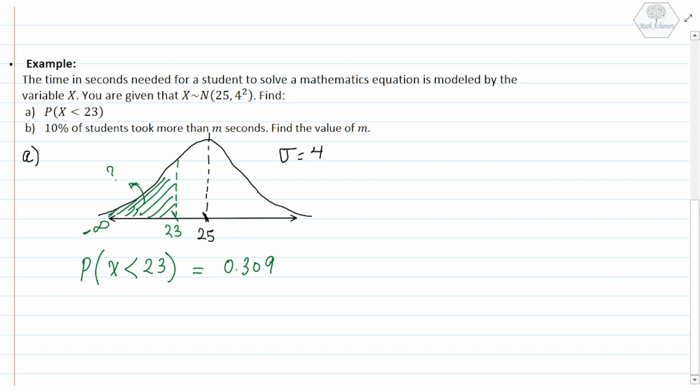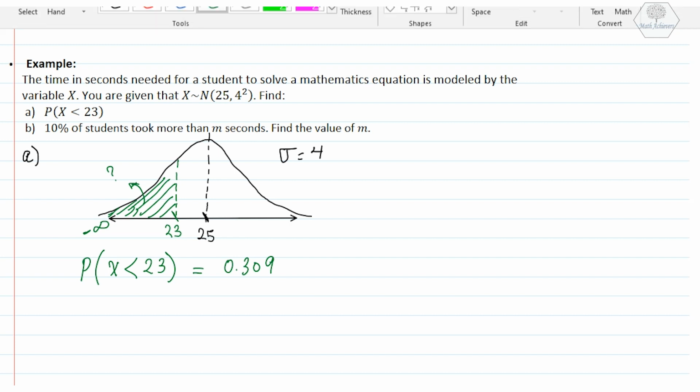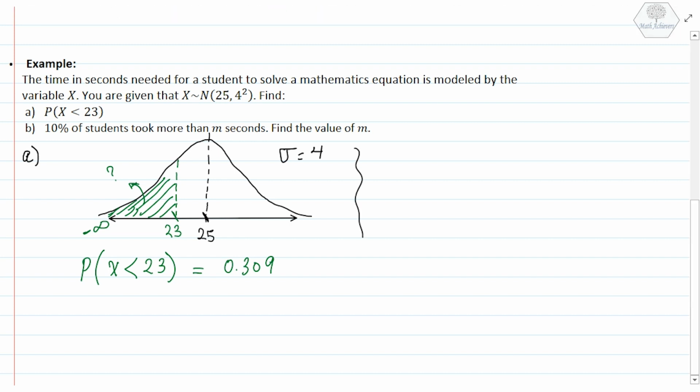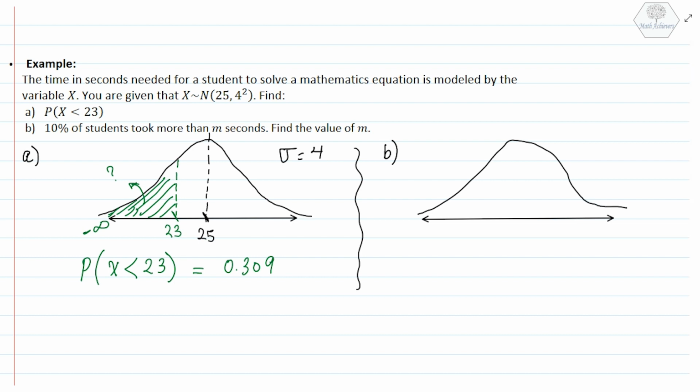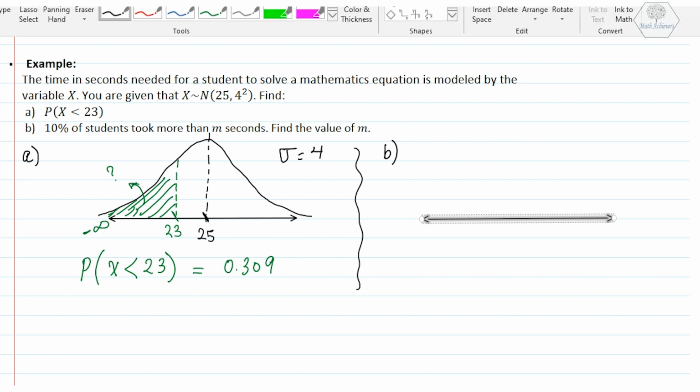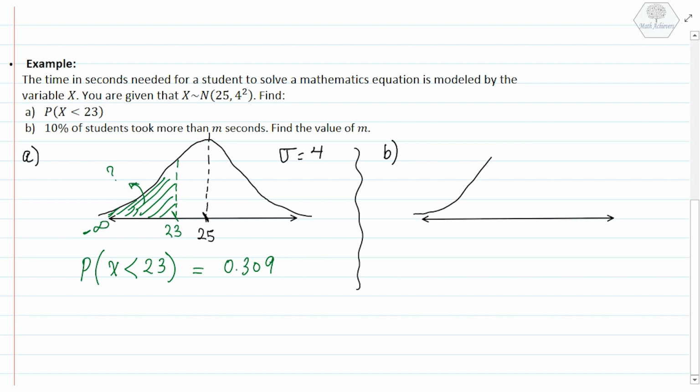Let's do part B now. 10% of students took more than m seconds. We need to find the value of m. So we have to draw again our normal distribution curve. This is my normal distribution curve.